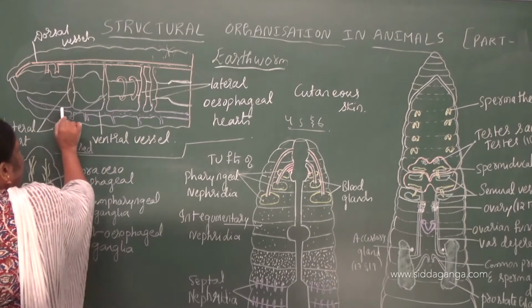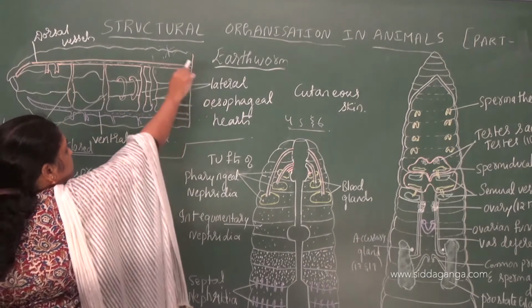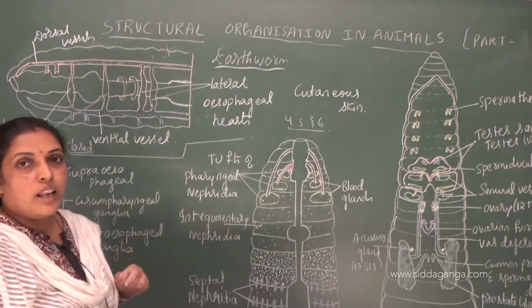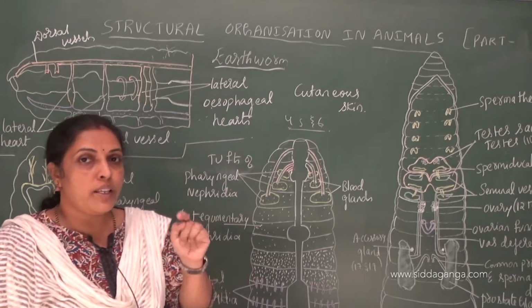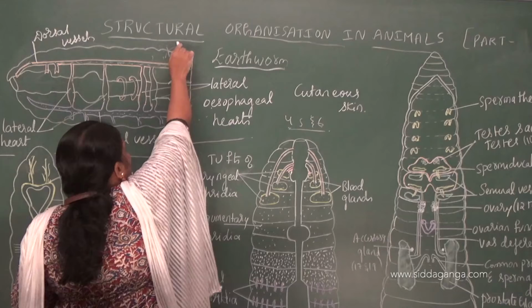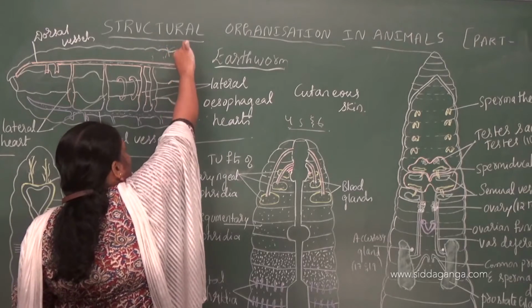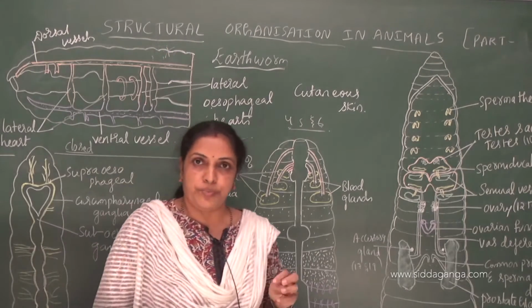And again the blood is taken to the ventral vessel and again reaches the dorsal side. Like this the respiration occurs. So in the earthworm gaseous exchange occurs through the moist skin, called cutaneous respiration, understood.